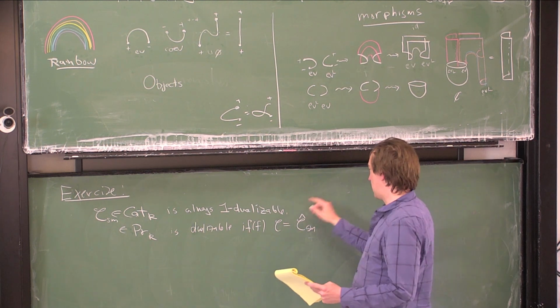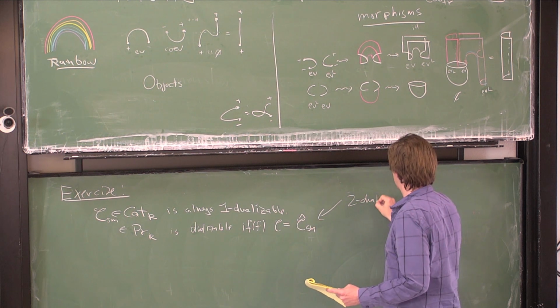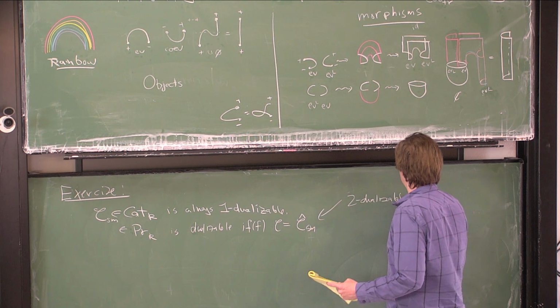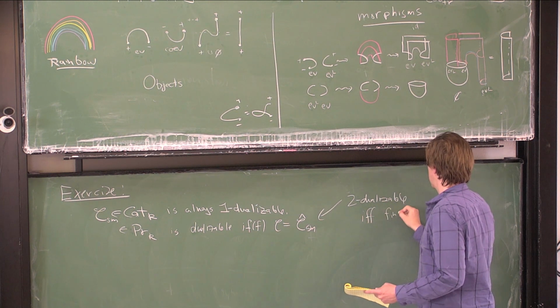Okay, and then in both cases, it's 2-dualizable if and only if it's a finite semicircle.